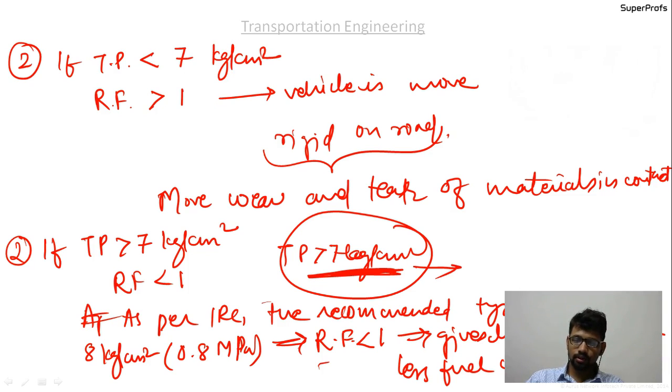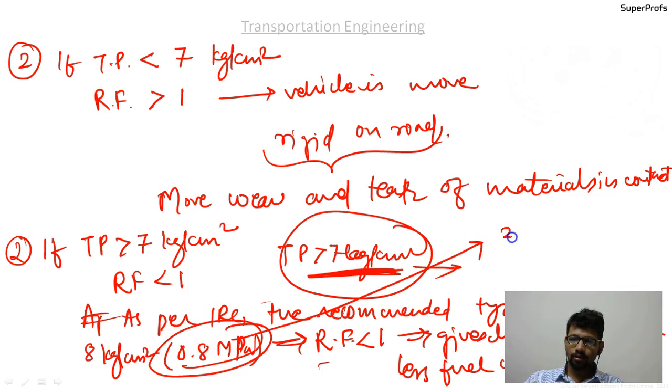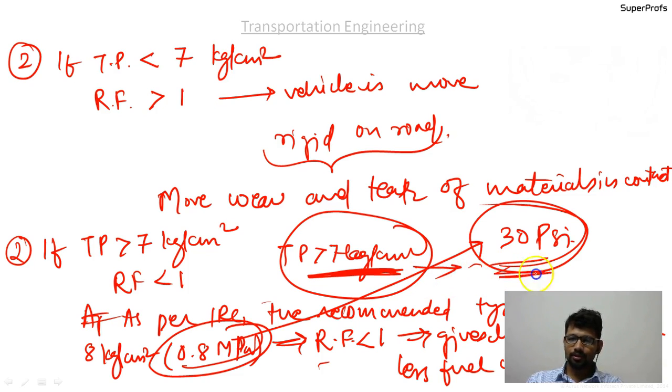Please write down less fuel consumption. So this 0.8 MPa stands for 30 psi, and you might have seen that the requirement is 30 psi as the tire pressure whenever you go and check the pressure of the tires of your vehicle, okay.